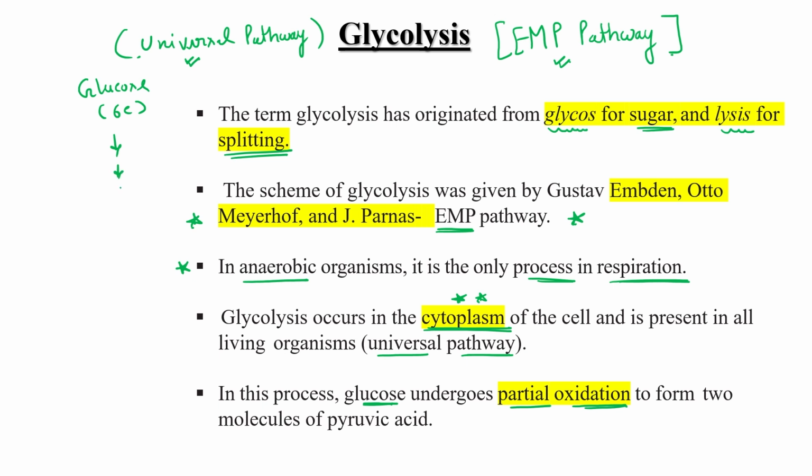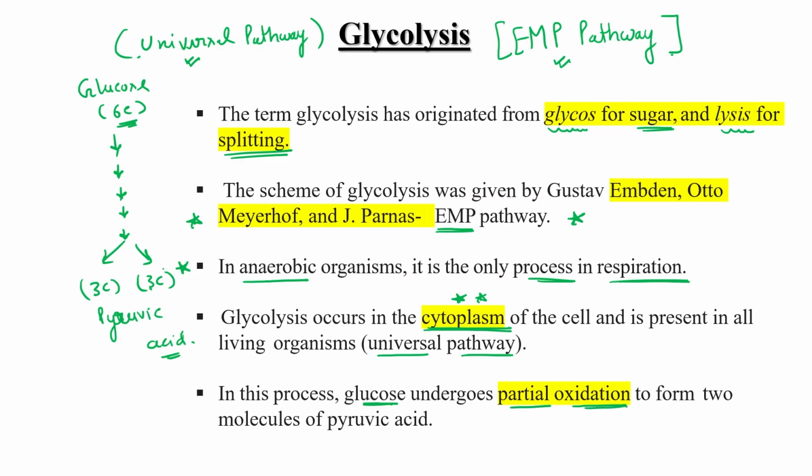Through various steps, mainly 10 steps, it will convert into two molecules of 3 carbon molecule, that is pyruvic acid. So partial oxidation of glucose occurs in glycolysis. We are using the term partial oxidation continuously because one molecule of glucose, that is a 6 carbon molecule, is converted into two pyruvic acid, that is 3 carbon molecules.